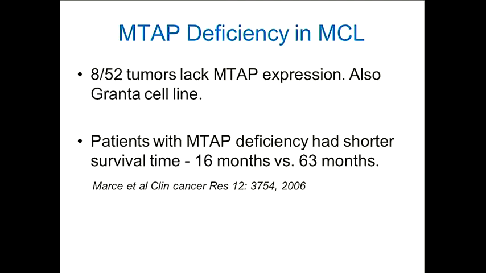In mantle cell lymphoma, there's an interesting study in which they looked at MTAP expression in tumors, and although a small percentage of these patients had deletion of MTAP, when they looked at the survival of those patients, it was markedly decreased as compared to the patients whose tumors had expression of MTAP.